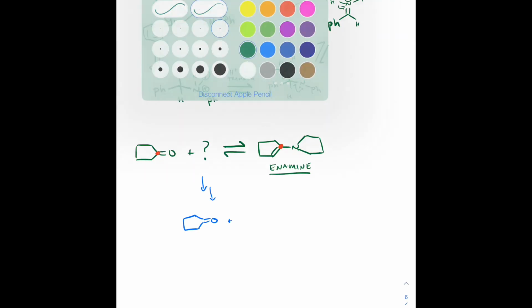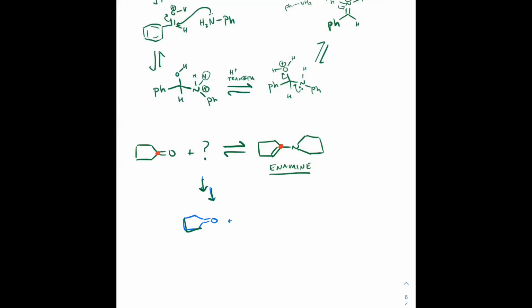And so it's really important that we can look at this enamine and notice that that nitrogen is bound to a carbon with a double bond, right? And that carbon-carbon double bond is the site of the carbonyl carbon. So the one I've indicated in red is the location of that carbonyl.